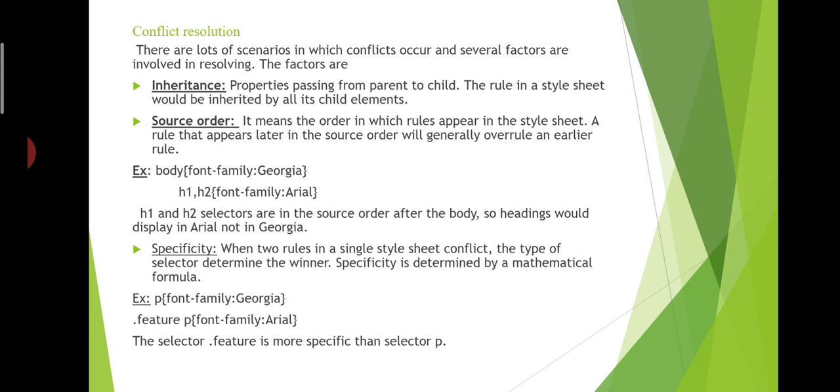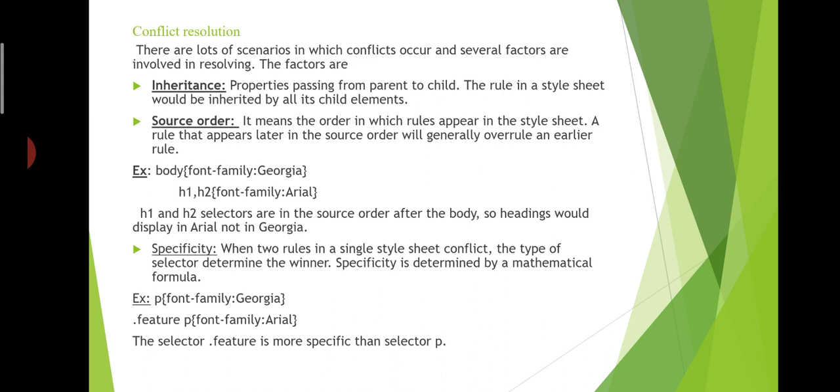Next is specificity. Here specificity means when two rules in a single sheet conflict, then the type of the selector determines the winner. See here, in the example I have given P font family Georgia. Again I have given dot feature P font family Arial.